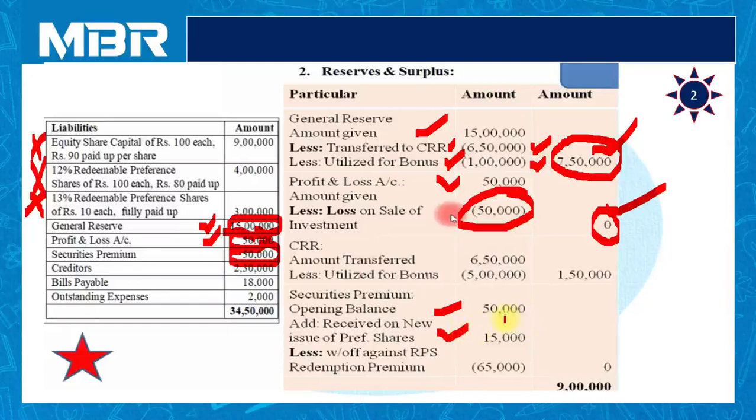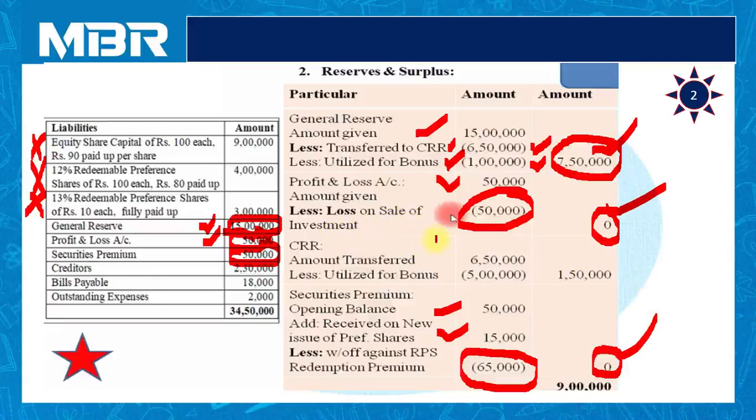So 50,000 rupees available to the company, 15,000 rupees received as securities premium by the company, and at the time of adjustment of RPS redemption premium, that is in step number 4, we have adjusted 65,000. So 50,000 plus 15,000 minus 65,000. So 65,000 minus 65,000, the balance of securities premium account is also 0. It is simply mathematics. If you calculate everything very properly, you will get a 100% perfect answer.